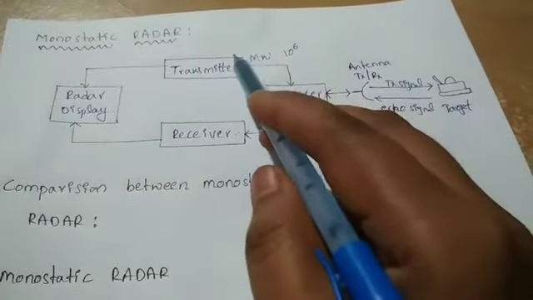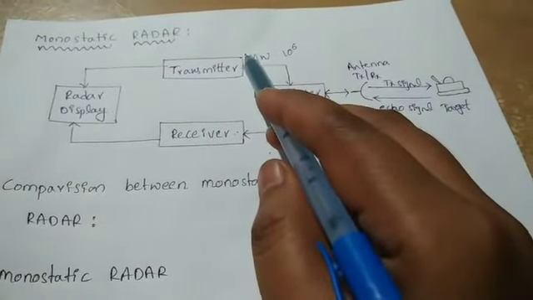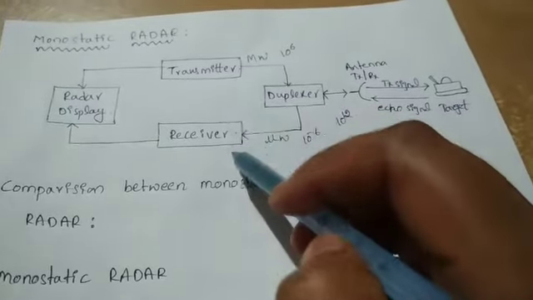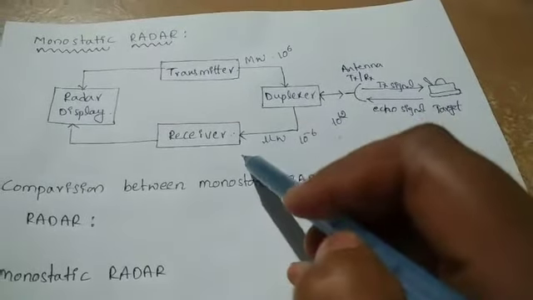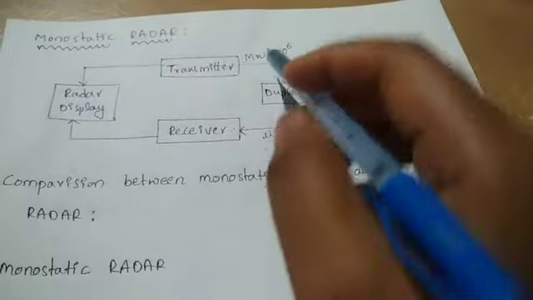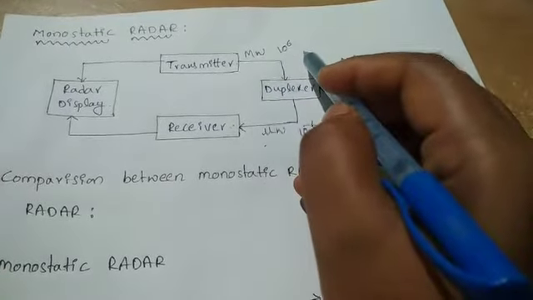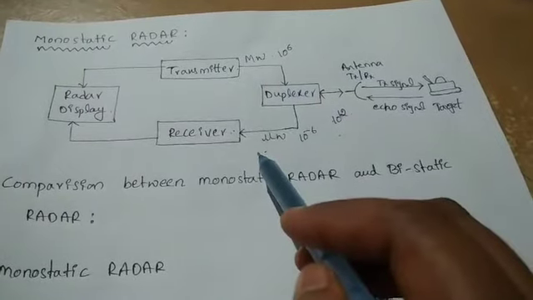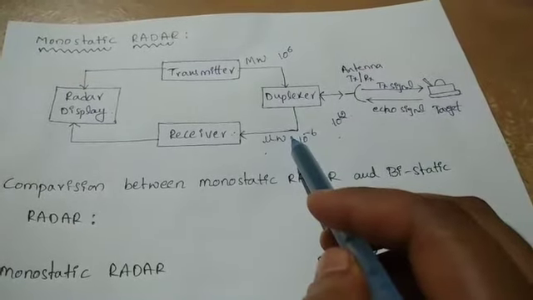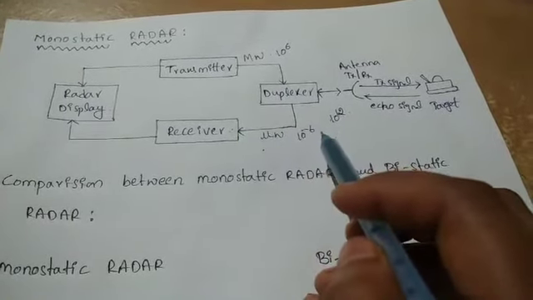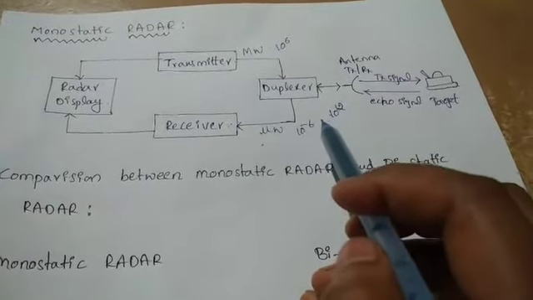The reason is that the transmitter circuit functions at high power, megawatts in 10 power 6, and the receiver section functions at low power, microwatts in terms of 10 power minus 6.